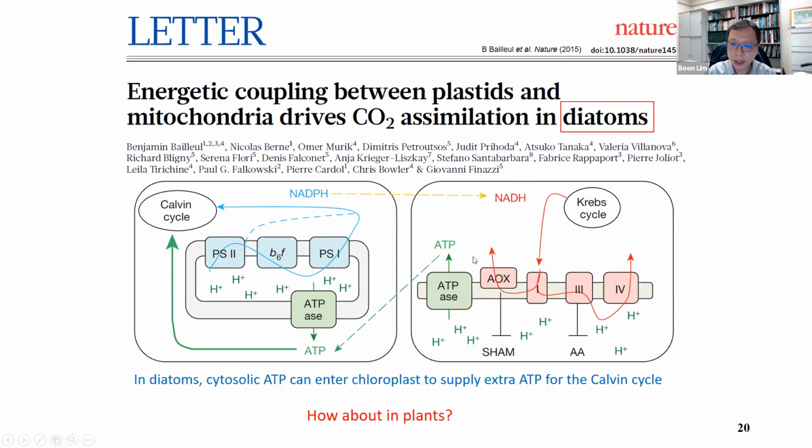ATP generated in the mitochondria is exported to the cytosol, which is then imported into the chloroplast. And this can supply extra ATP to the Calvin cycle. So in this Nature paper, they conclude that in diatoms, cytosolic ATP can enter the chloroplast to supply extra ATP for the Calvin cycle. But how about in plants?